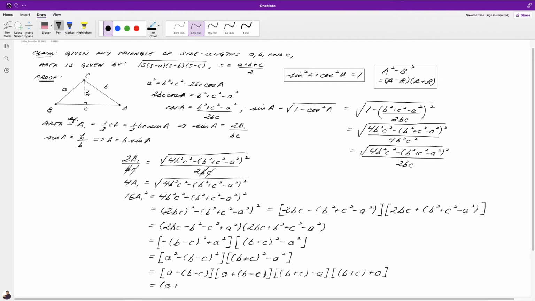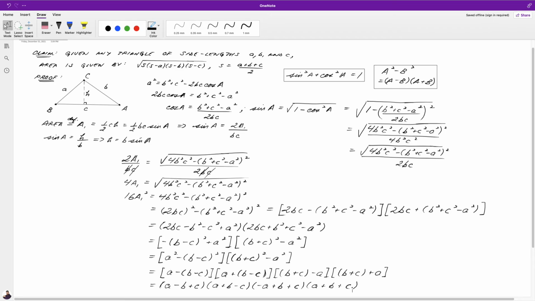Let's just write it in there as a minus b plus c. This, of course, is a plus b minus c. This, of course, is negative a plus b plus c. This, of course, is a plus b plus c.